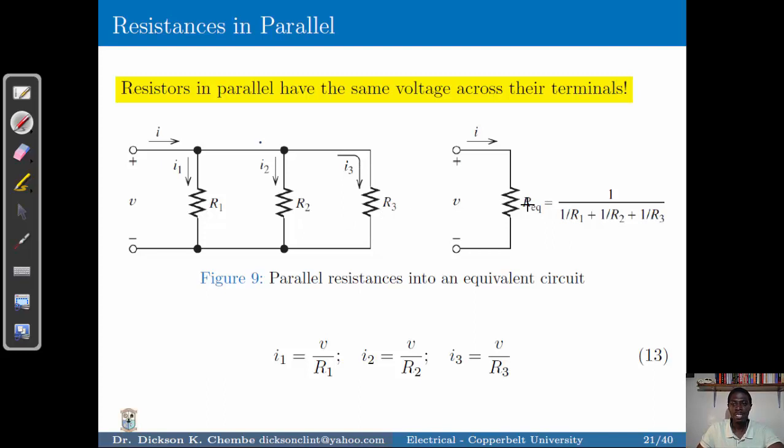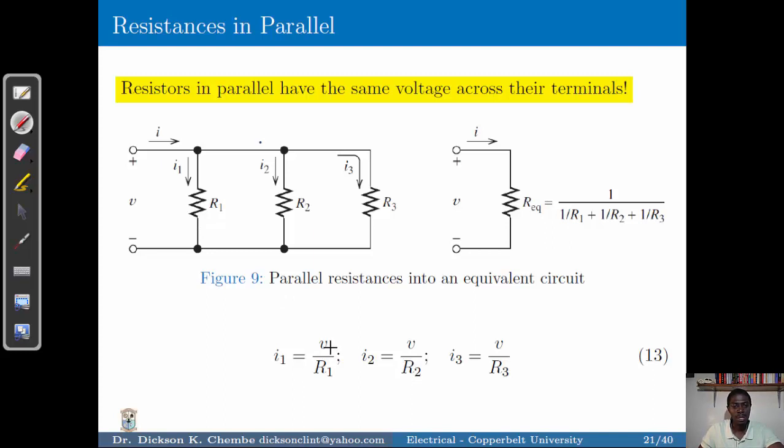For us to find the total resistance in this circuit, we have to look at these currents. The current in each resistor, I1, is equal to V over R1.